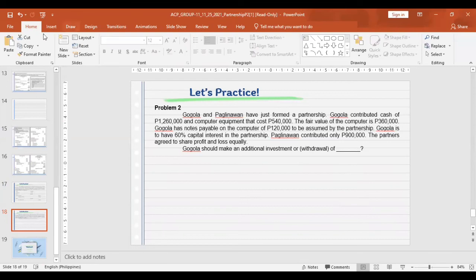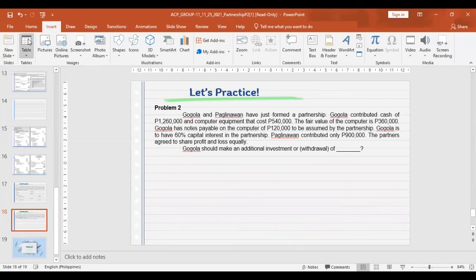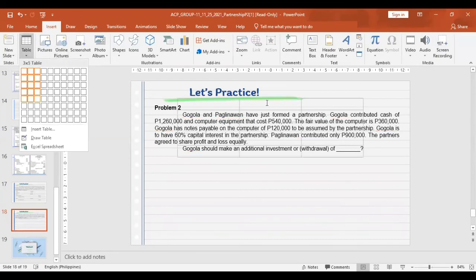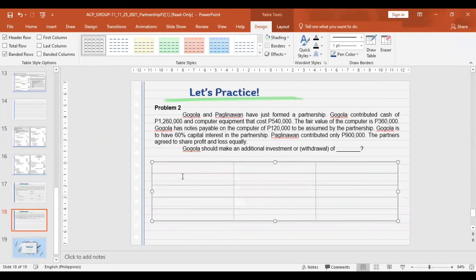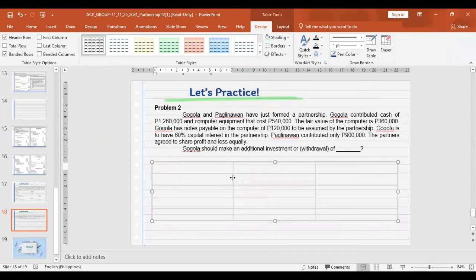So, una, entry muna natin. Ano bang binigay niya?